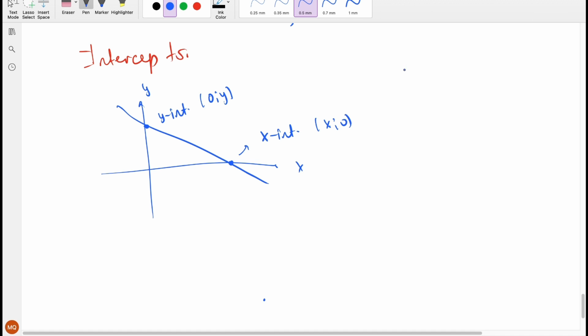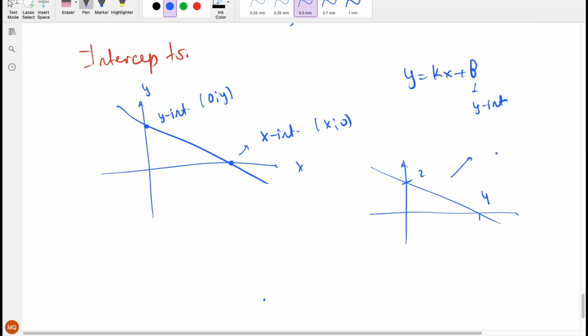For example, when we have y is equal to kx plus b, b is also the y-intercept. When you have something like that, let's say here is 2, here is 4. If we want to find the equation of this line, it is y is equal to b, this one, 2, plus the slope. It is rise 2 over run 4, 2 over 4, with a negative sign. So it is negative 1 over 2 x.